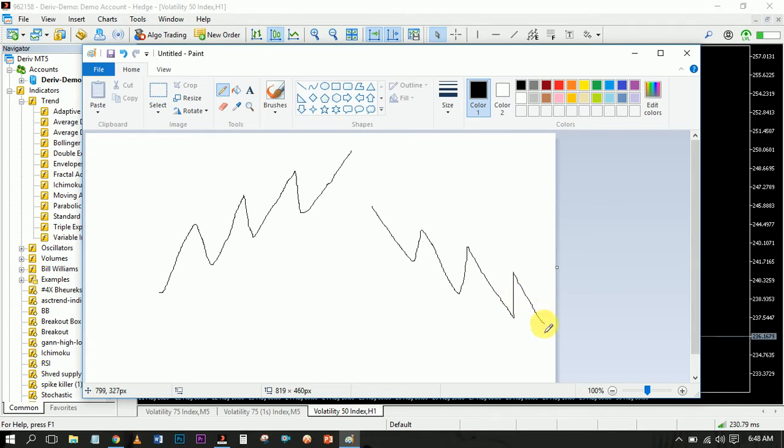If you look, this is the uptrend and this is the downtrend.